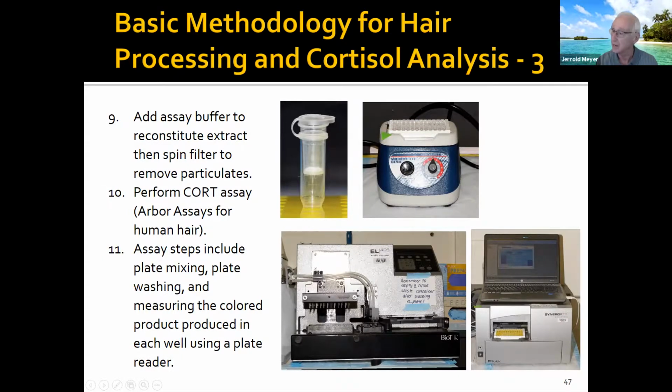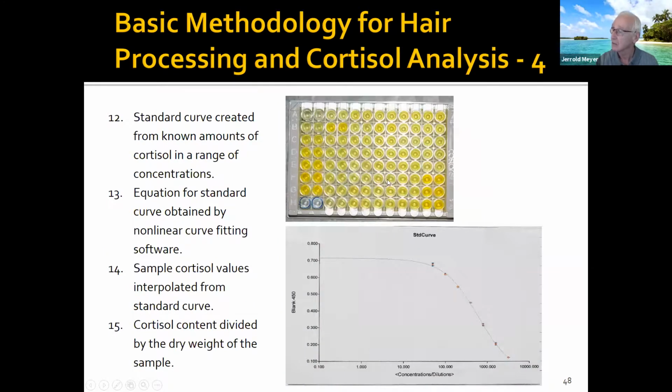This is what it looks like here. This is a 96 well plate, an 8x12 matrix. And the way the Arbor Assays ELISA goes, and this is true for the majority of ELISAs for cortisol or other hormones, is that the amount of the hormone content in each well is inversely related to the amount of color that's produced.